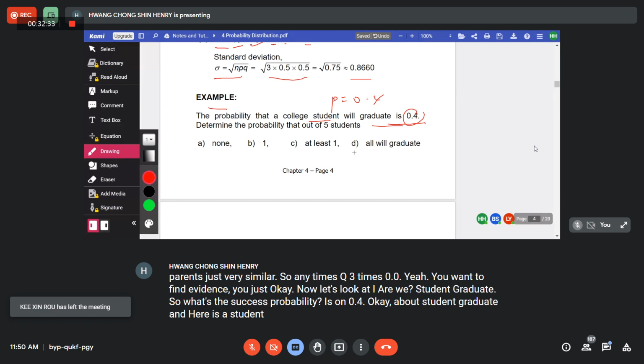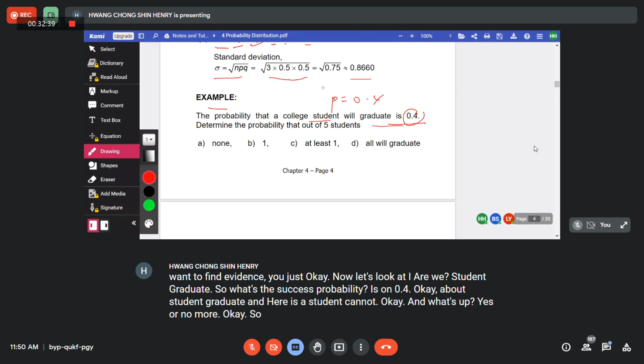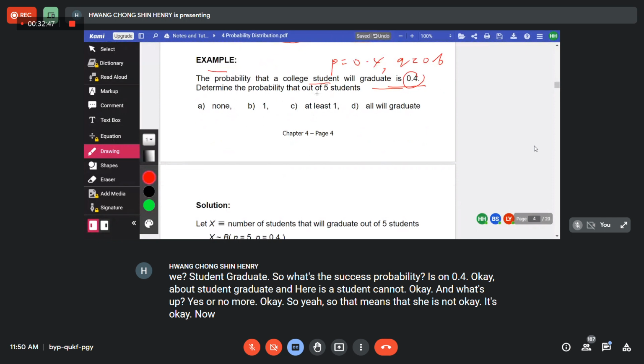Student cannot graduate. Remember two outcomes? Yes or no, boy or girl. So we are talking about graduate and non-graduate. So q is non-graduate, 0.6.